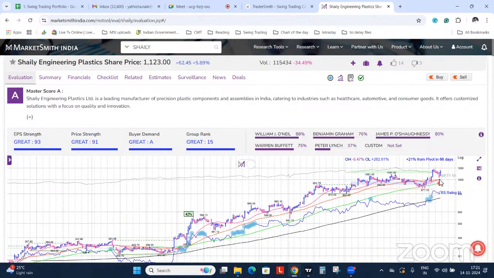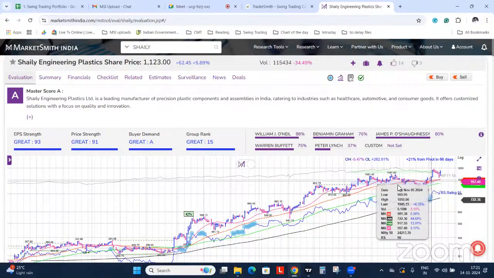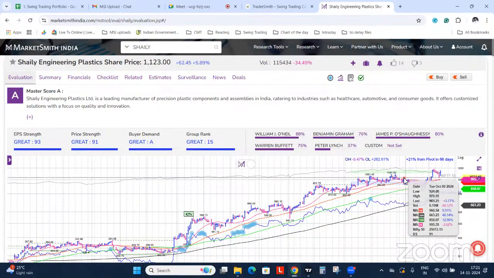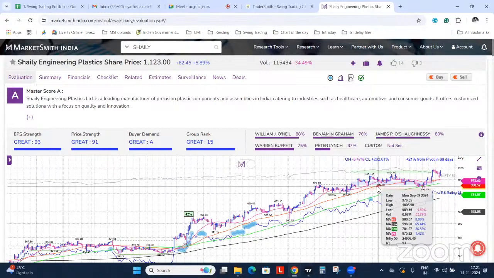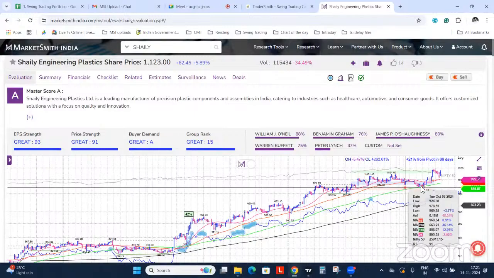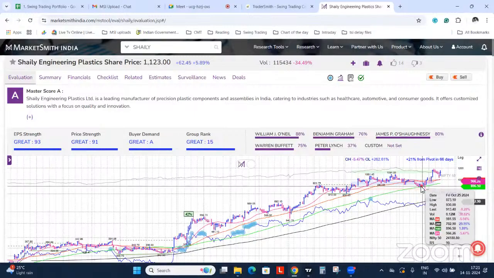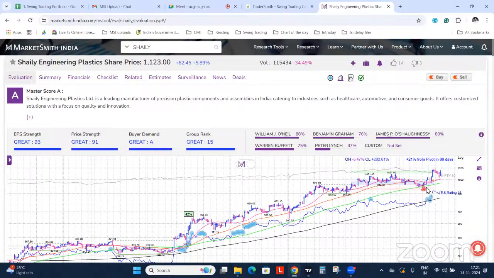The stock is strong, and those willing to take the risk can go with the swing low of 995 as a stop loss, or else use the base swing low as a stop loss, which is deeper, somewhere below 900 rupees. One can look at this stock for the long term in this market.